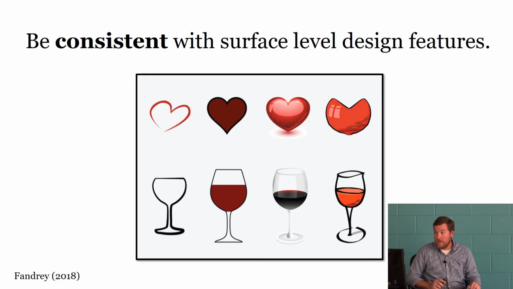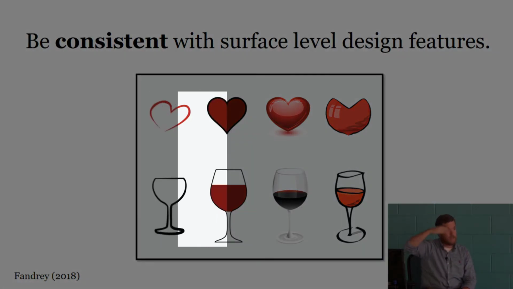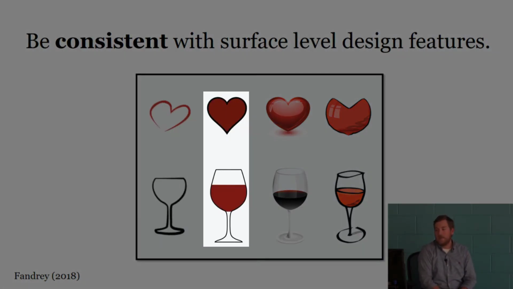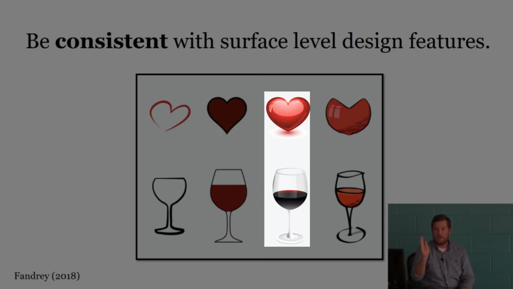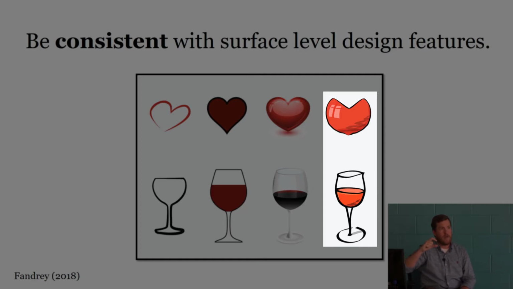Then we also mentioned being consistent with surface level design features. So here, if you'll pay attention to the heart and the wine glass, the ones that are on top of each other, directly top and bottom, you'll notice as you go from left to right, they all kind of go together. The top goes with the bottom.